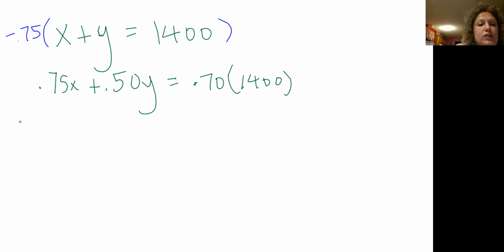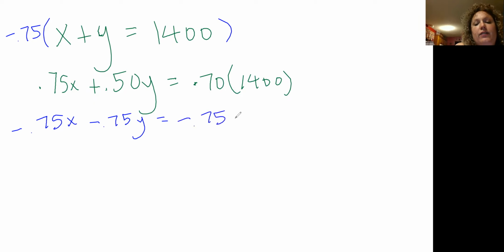So my new equation down here, I'm going to write underneath: negative 0.75x minus 0.75y equals negative 0.75 times 1400.